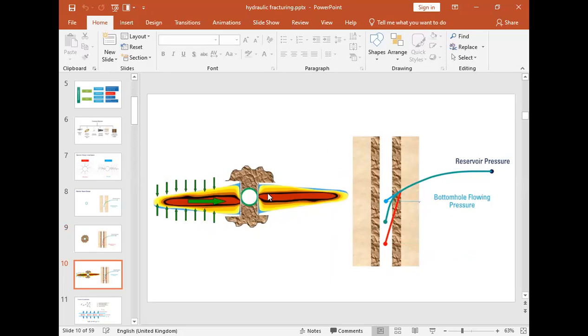We have our fluids that is filled with proppant. I've been using the word proppant; we'll talk about it later. When you inject it into the reservoir, it creates these highly conductive pathways.